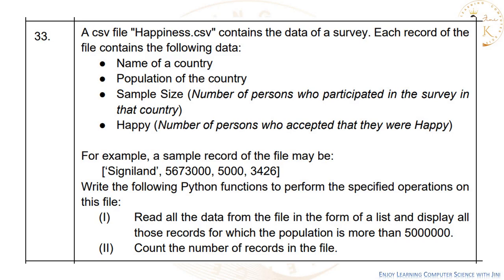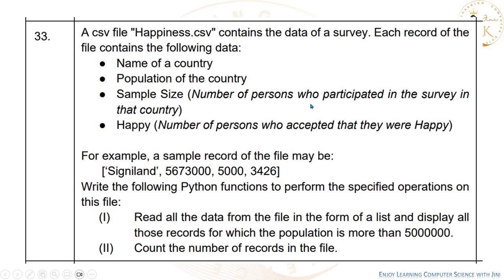Next question. Question number 33. The 33rd question will be a CSV file. A CSV file, happiness.csv, contains the data of a survey. Each record of the file contains the following data: name of a country, population of the country, sample size, happy.